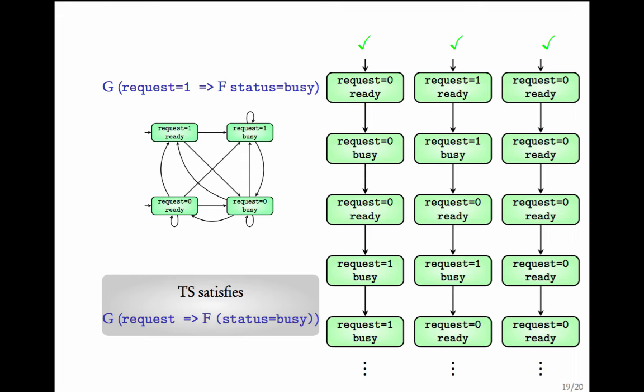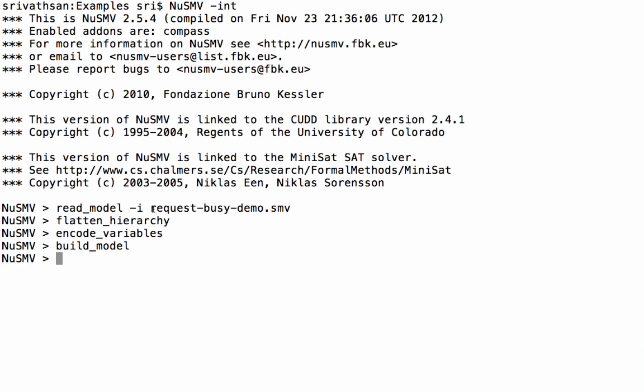We will now run this example on NuSMV. I have already read the model request busy demo and have executed the preliminary commands. So the model is already built. Let us now check the specification.